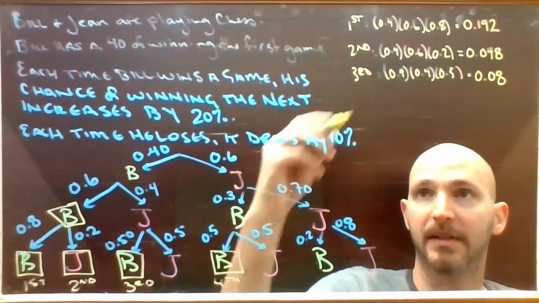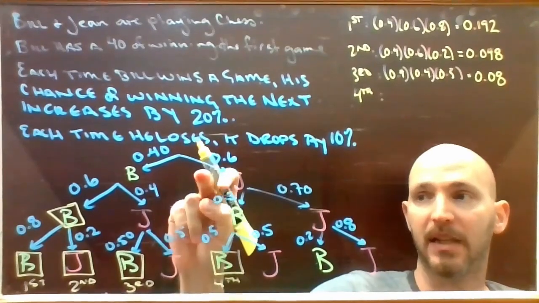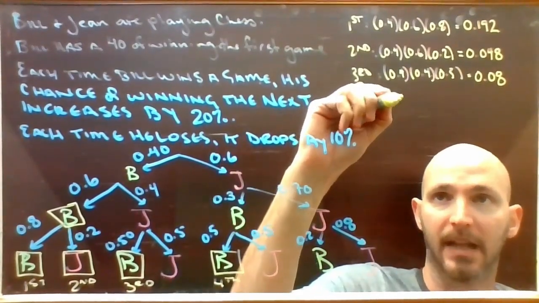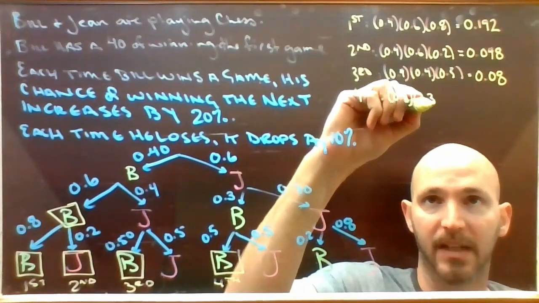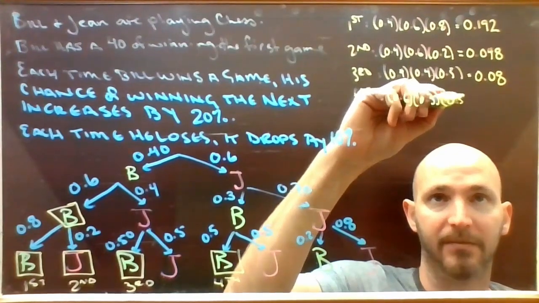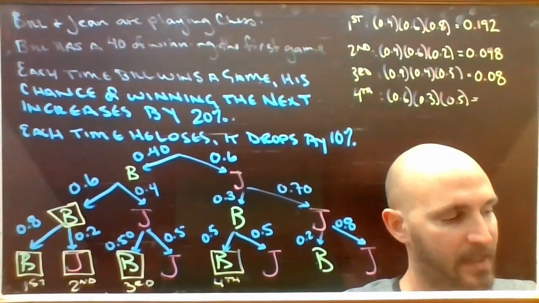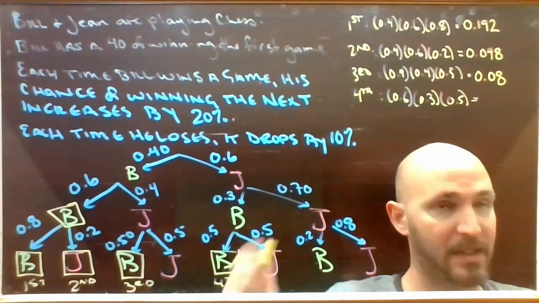And our fourth way down here is if he loses that first game at 60% chance, wins the next game at 30%, and then wins the third game at 0.5. And 0.6 times 0.3 times 0.5 is 0.09.